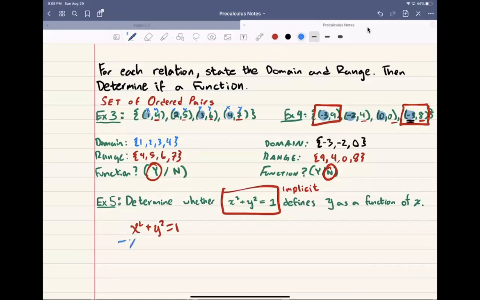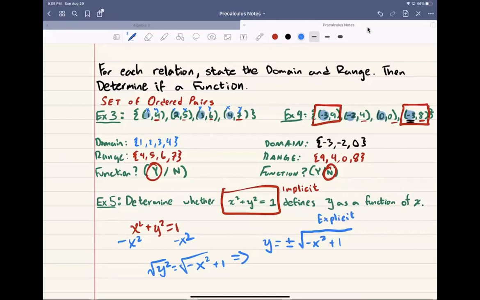We're going to subtract x squared from both sides, and you're going to get y squared is equal to negative x squared plus 1. We're going to square root both sides, and you're going to notice that we get y is equal to plus or minus the square root of negative x squared plus 1. Okay, so this is called our explicit form, okay? It's explicit because we know what y is.